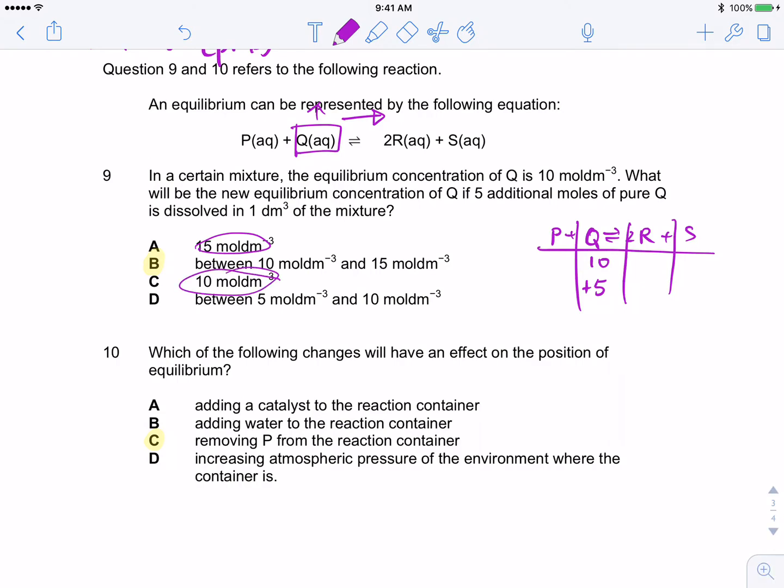It will not be 10 also because if it goes back to exactly how it was previously, it means that this side there is too much of an increase. You want to kind of balance the increase to make it a new equilibrium. Hence, the answer will be B. You are using up some of the increase, but not all. Okay, so actually you don't need to draw a table for this. Oh, I thought it's going to calculate like R and S.